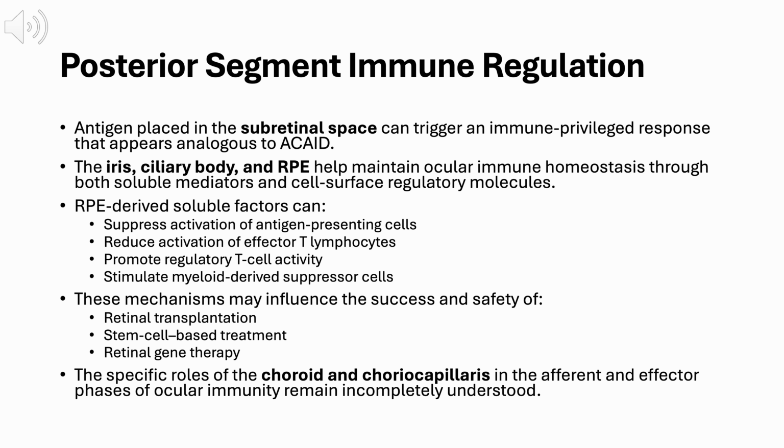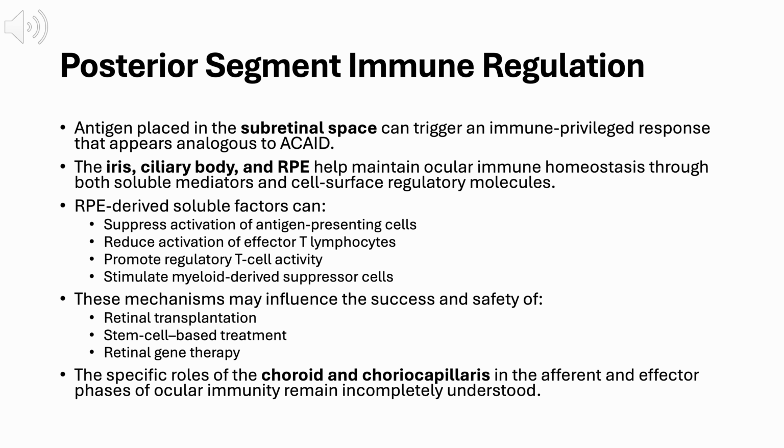The iris, ciliary body, and RPE all help maintain ocular immune homeostasis, using both soluble mediators and cell surface regulatory molecules. The RPE is especially versatile. Its soluble factors can suppress activation of antigen-presenting cells, reduce activation of effector T lymphocytes, promote regulatory T cell activity, and stimulate myeloid-derived suppressor cells. Four distinct brakes from a single tissue.